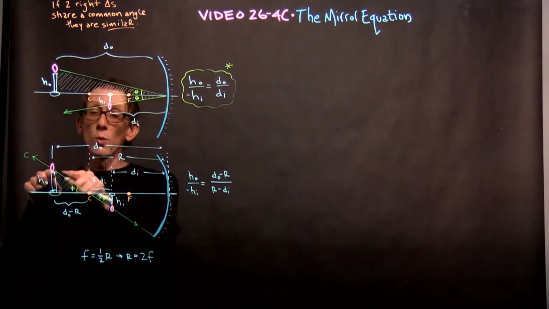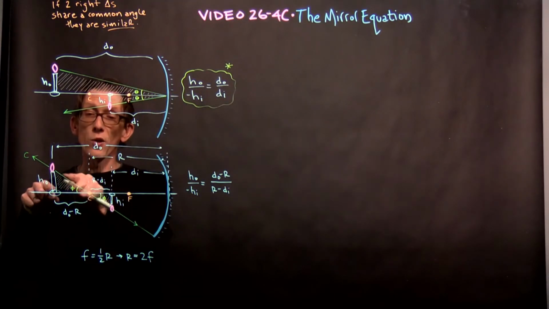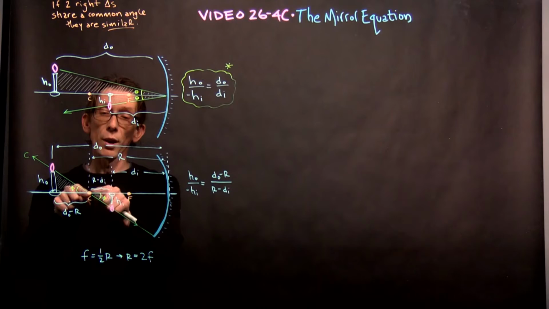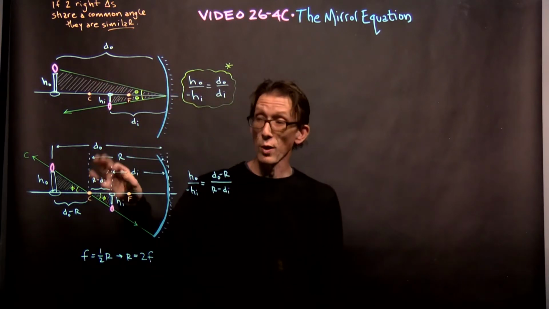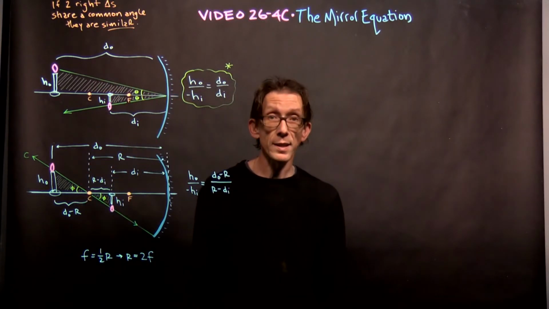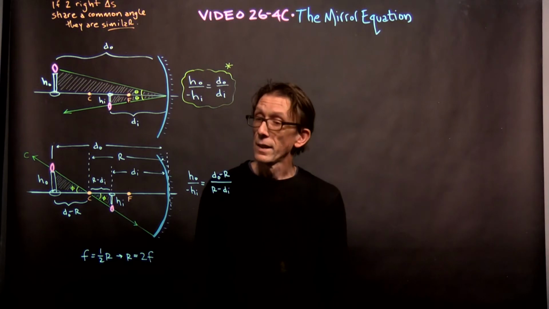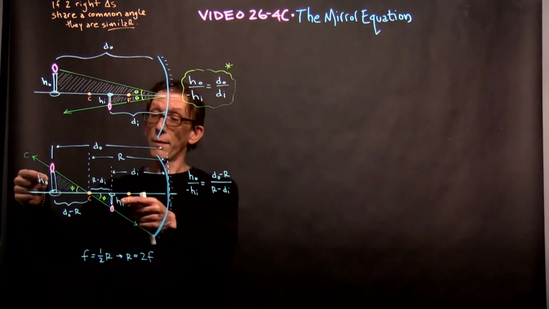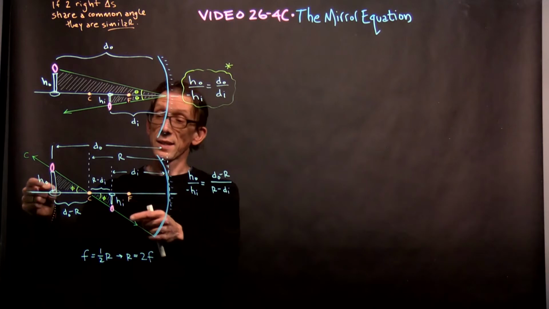Because this gray shaded triangle and this smaller shaded triangle are both similar, since they share that same angle phi, the ratio of their sides is the same.